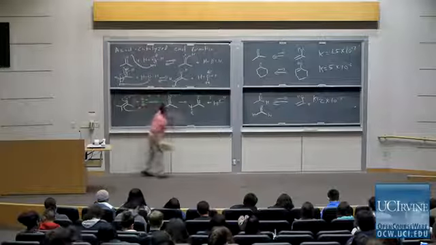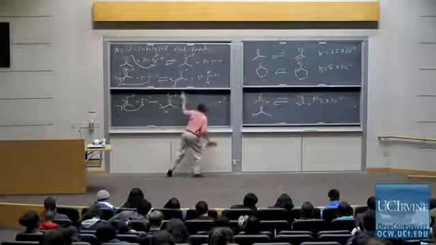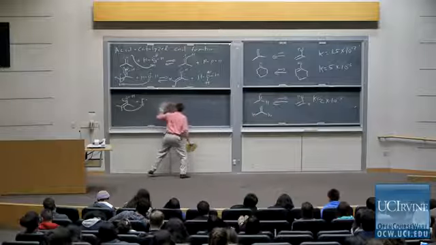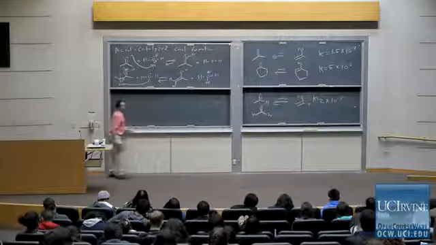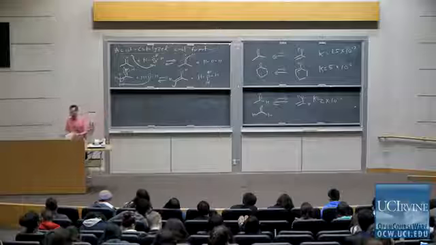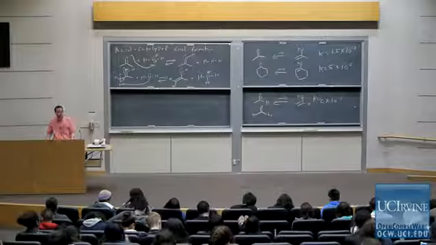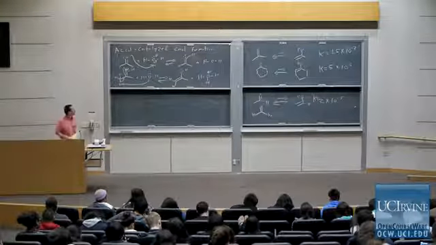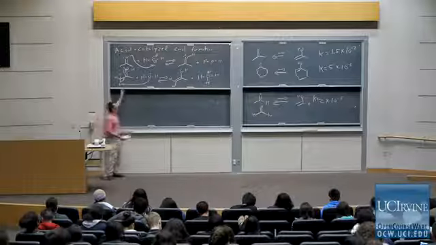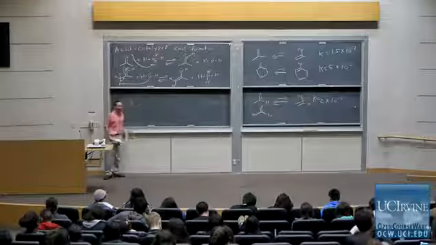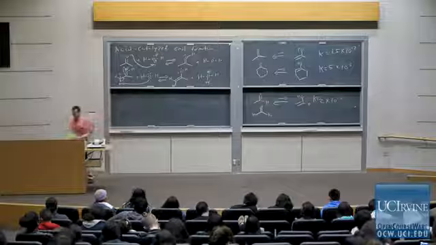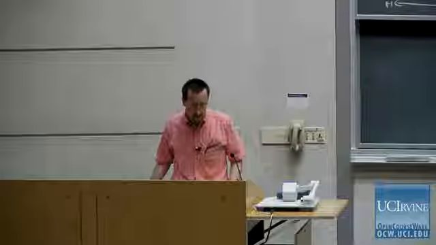That's an example of how we go from the keto tautomer to the enol tautomer. Thoughts or questions at this point?